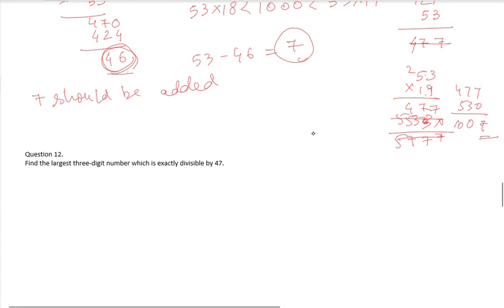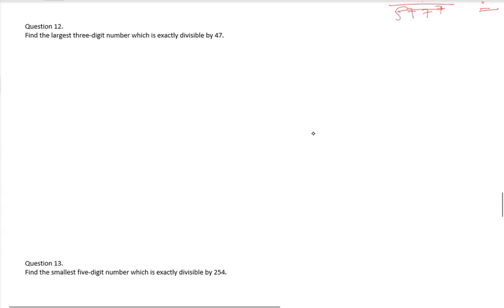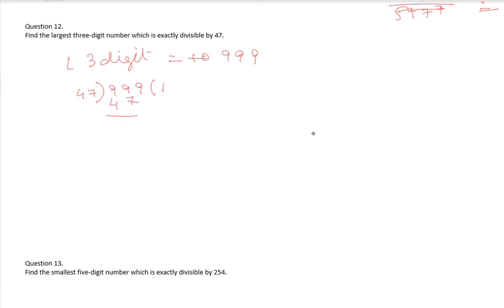Exactly divisible. Find the largest 3-digit number which is exactly divisible by 47. The largest 3-digit number is 1000 or 100? No, it's 999. So let's do the division. 47 into 99 is 94, remainder 5, 9.